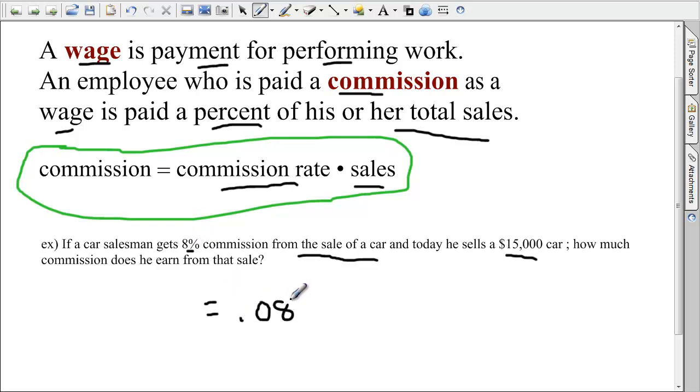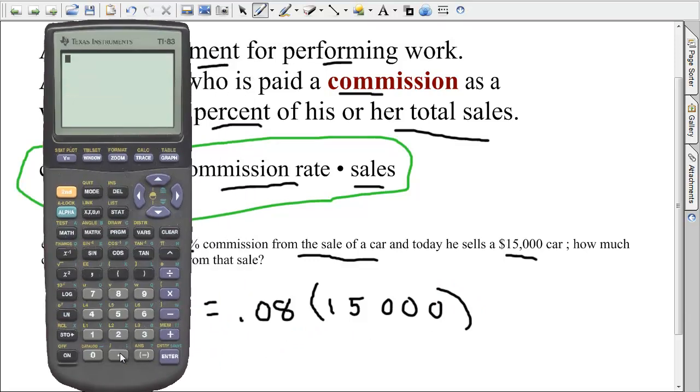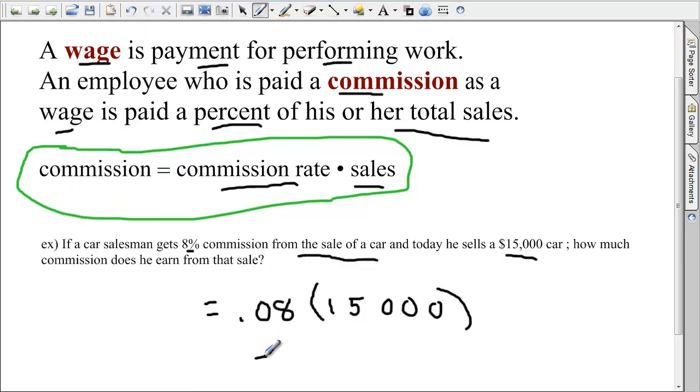So now I know you're comfortable. That's 0.08 times the $15,000 car. We're just going to key that in. 0.08 times 15,000 is 1,200. Pretty nice chunk of change. So $1,200 would be the commission from that sale.